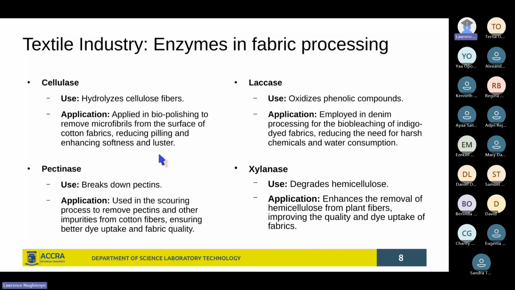Textiles have different qualities, the ones that are smoother, depending on the kind of polishing that is done to the fabric. You have laccase, which oxidizes phenolic compounds. Phenolic compounds you find, say, in the production of textiles like denim jeans. So you do have these enzymes that are also applied in the production of such textiles for, say, biobleaching.